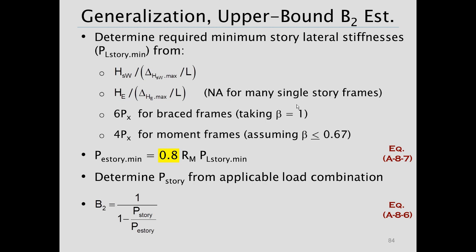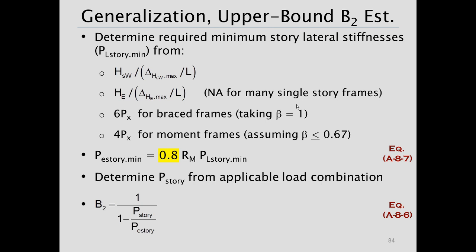And so in a lot of single-story type frames, many times we don't use the seismic drift limit, and that actually allows for the fairly large second-order effects I showed in the earlier example with the direct analysis method for a single-story example. We have 6 P sub x for brace frames, typically using beta of 1, and 4 P sub x for moment frames, assuming a beta of 0.6, less than or equal to 0.67.